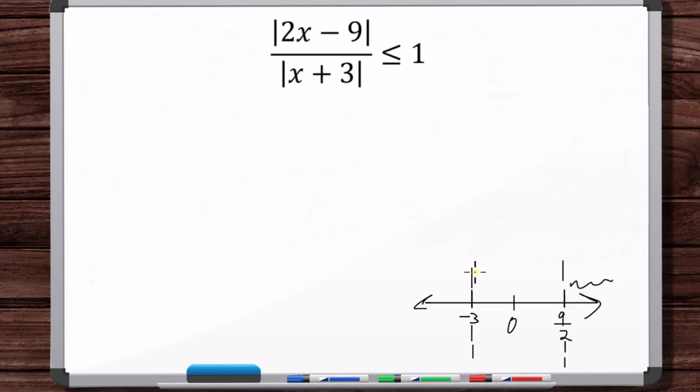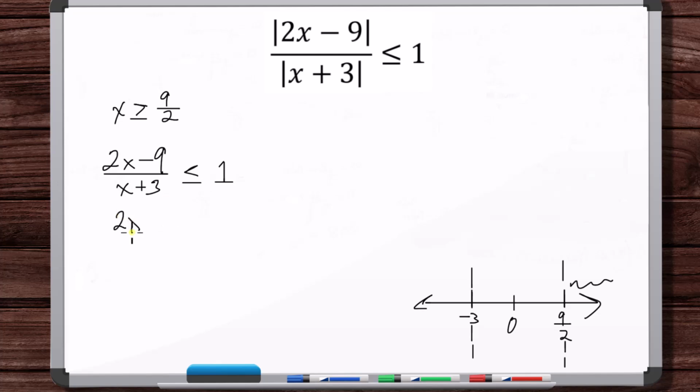So if x is greater than or equal to 9/2, this is going to be positive or 0, and this is always going to be positive. So we can do this. 2x minus 9 over x plus 3 is less than or equal to 1. Okay, but again, here, we're not going to just multiply both sides by x plus 3.